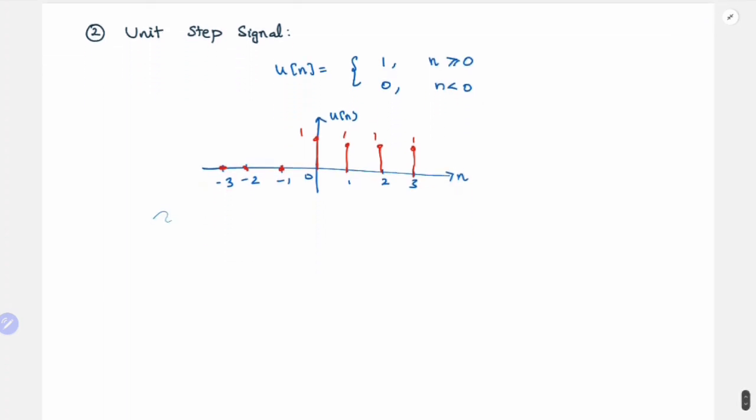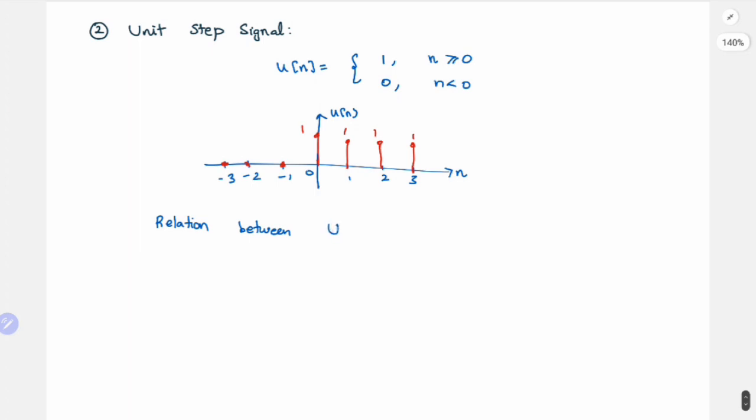Again, we can easily find the relation between the unit impulse and unit step signal. So first, your unit impulse is nothing but u of n, and then you take the shifted by 1 unit, u of n minus 1, and subtract them both. So you will just get a single value at 0, which is equal to 1, which is nothing but the unit impulse function.